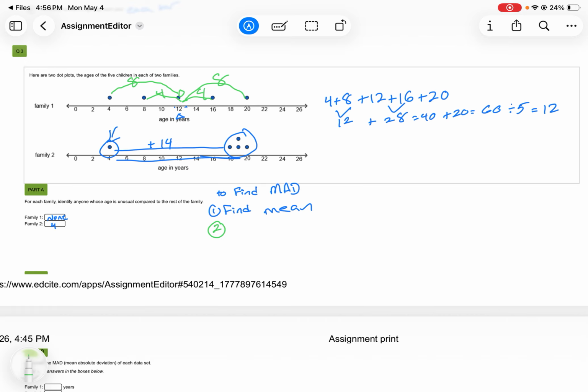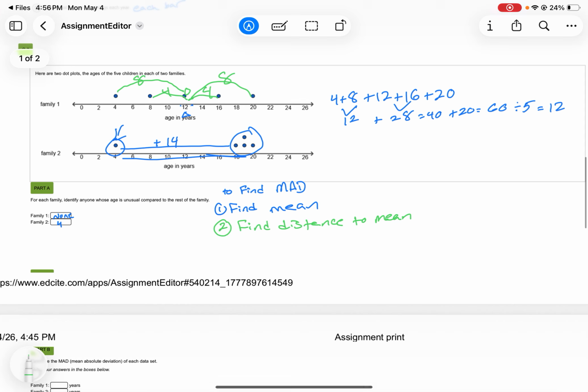So step 2, find distance to mean. And then 3, find mean of step 2.